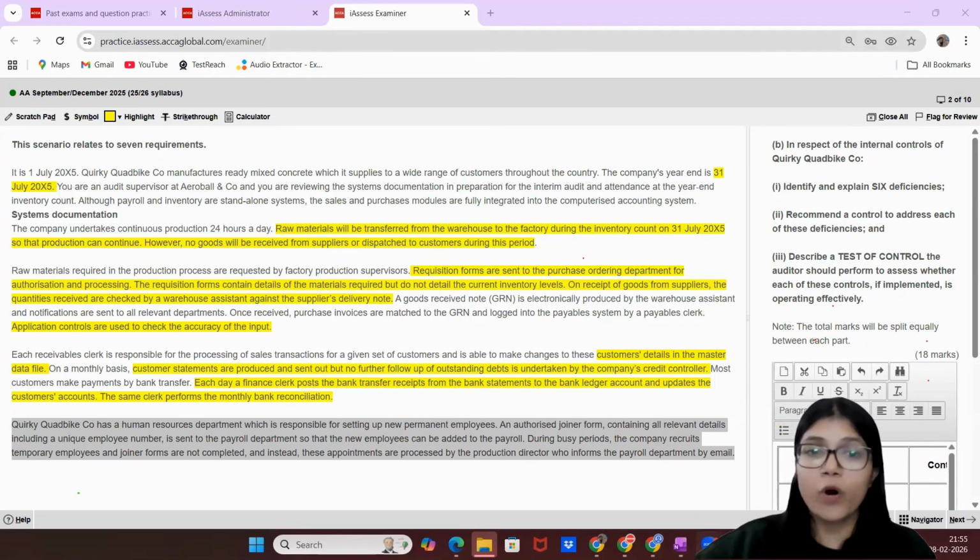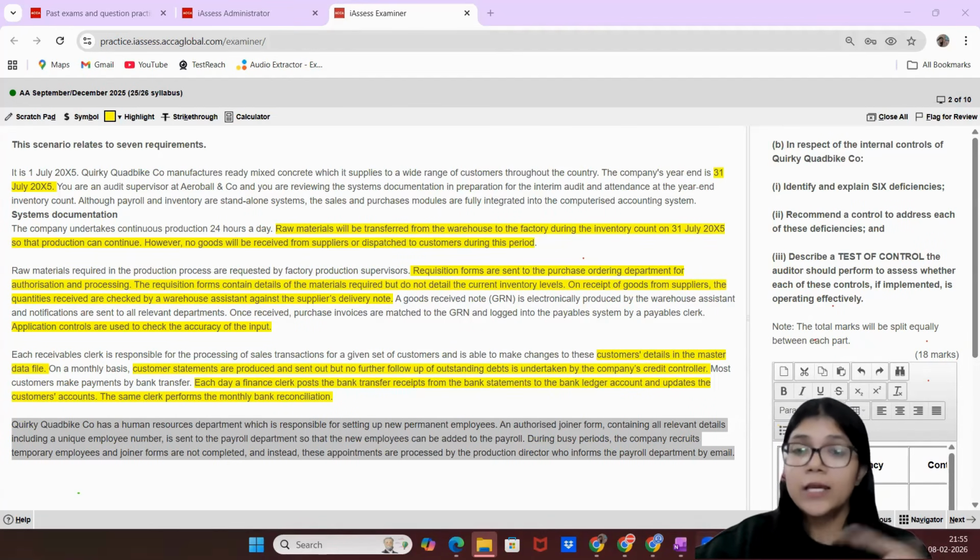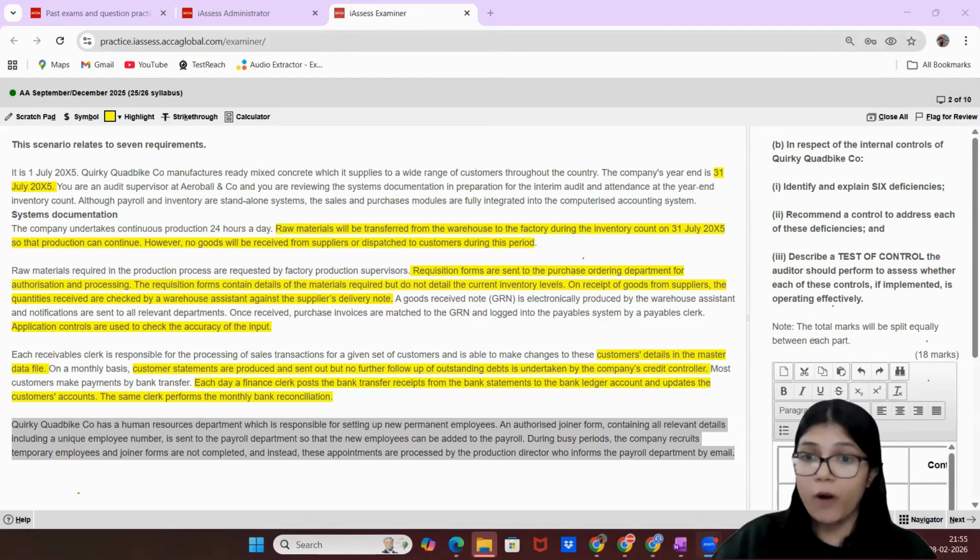There can be frauds, especially because there's a production director included over here. He can set up fictitious employees also, right? Which can lead to an increase in payroll expense for the company, or vice versa. It can also lead to employee goodwill issues. Why? Because there can be issues wherein a particular employee was part of the company, but because he did not fill up the joiner form, he did not get the pay or salary for that month. So both things can happen.